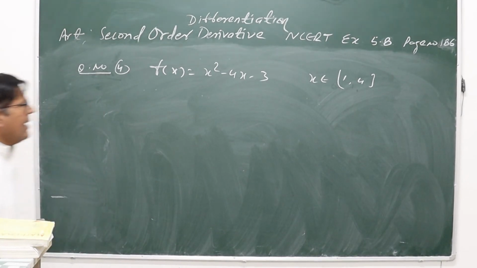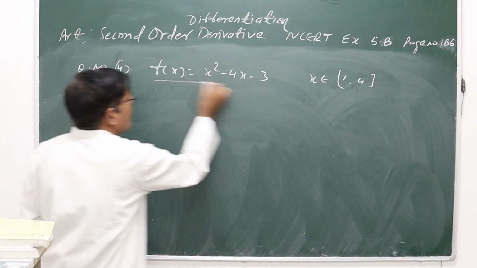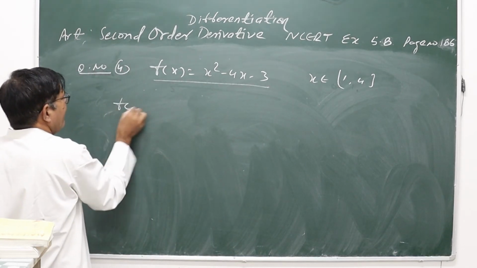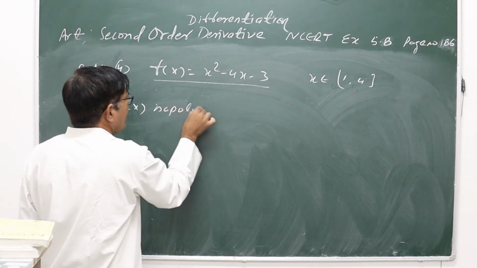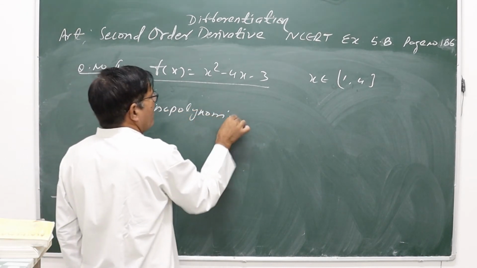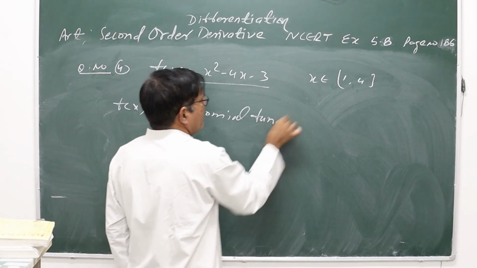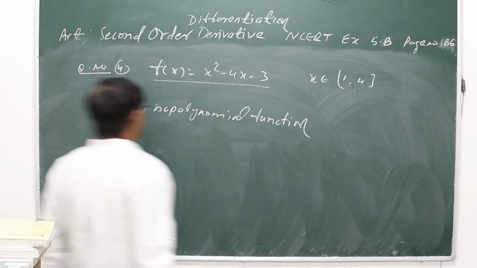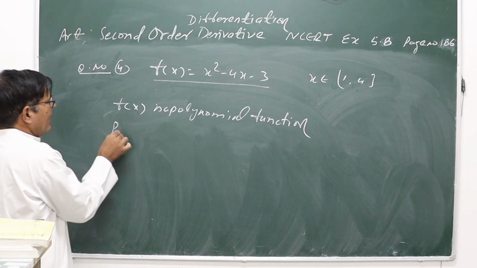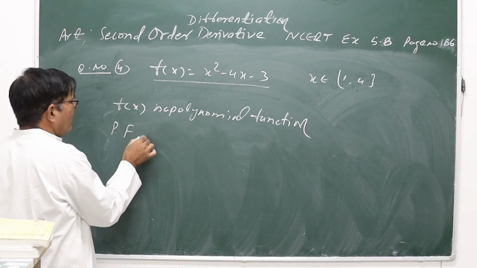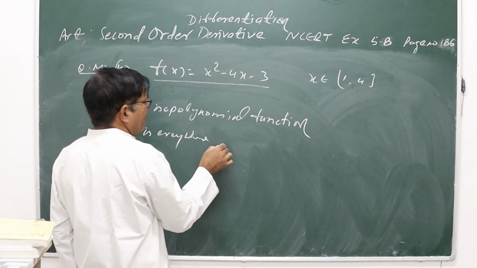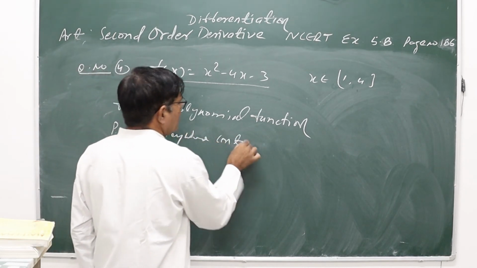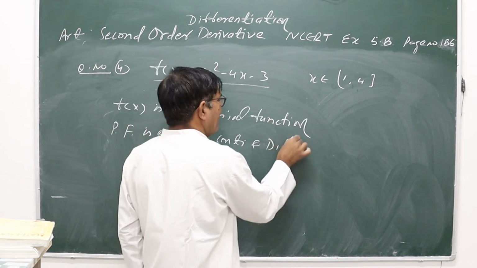So here LMVT verification के लिए since the given function is a polynomial function, f x is a polynomial function, and polynomial function is everywhere continuous and differentiable.